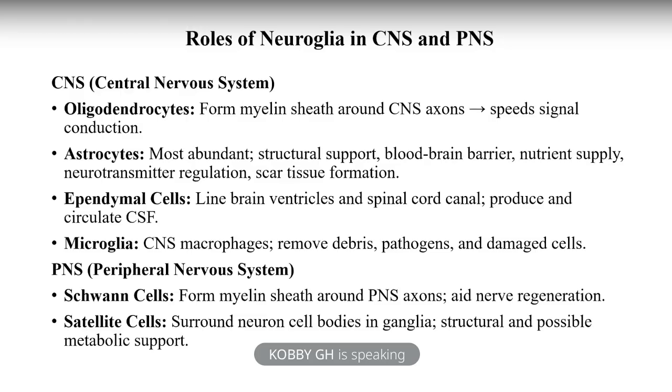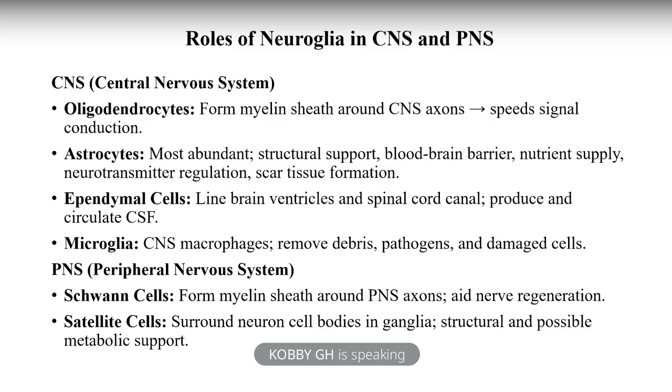Is that okay? Great. Now, we also mentioned that oligodendrocytes form the myelin sheath for the neurons in the central nervous system. Then we have the astrocytes, and we mentioned the astrocytes are the most abundant glial cells that we have in the nervous system, and they form part of the blood-brain barrier.